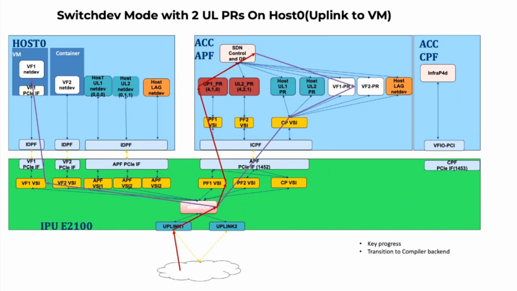So SwitchDev has a concept called port representer. As the name implies, it is literally a port representer. It is representing a port. It can be a physical port or a virtual port.